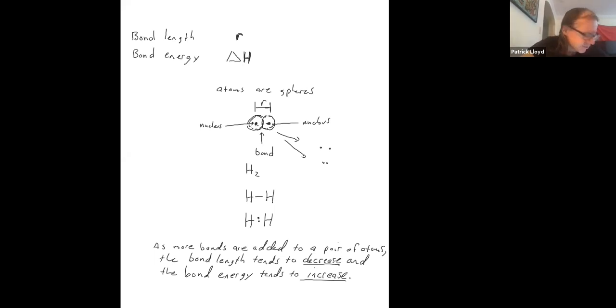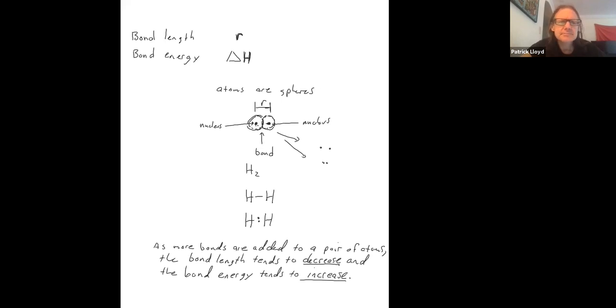So bond energy or bond enthalpy tends to increase with the number of bonds, and bond length tends to decrease. Okay, that's in general what we observe. We're going to talk more about bond energy or bond enthalpy. It's the last topic of this particular chapter. We won't talk too much about bond length. We'll talk a little bit about it when we get into electronegativity.